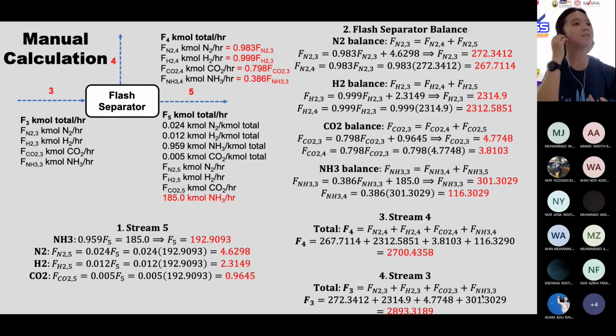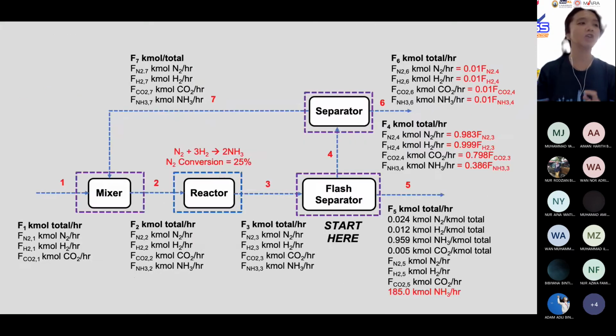Banyak persamaan sebenarnya. Tapi saya just nak terangkan macam mana beza buat manual dengan buat Excel. Okay, so contohnya, strategi dia bila kamu ada plan design, you have a back calculation, you have to strategize and start from the very last equipment di mana kita tahu production rate.